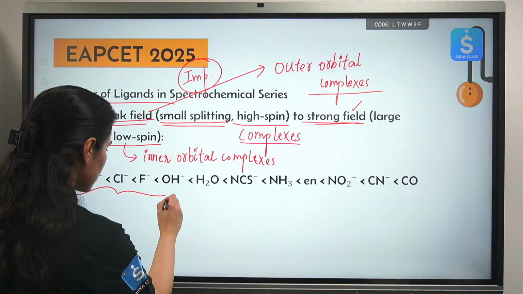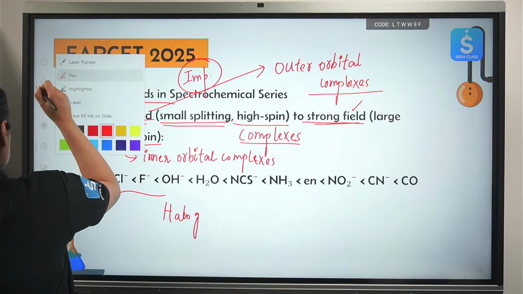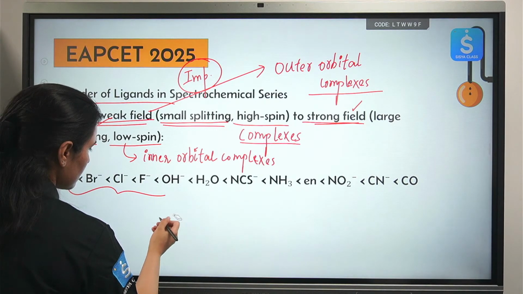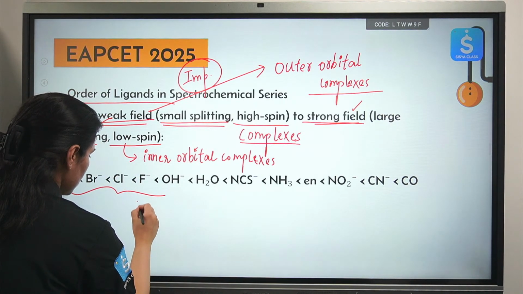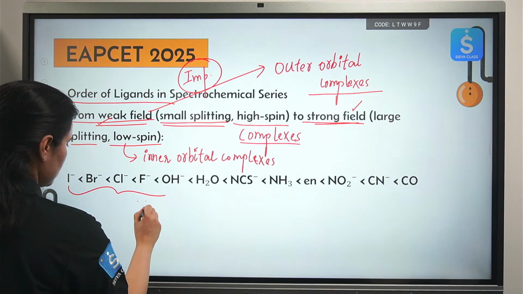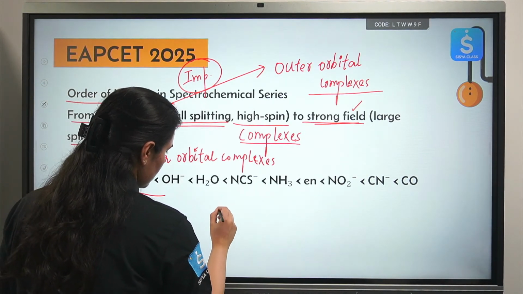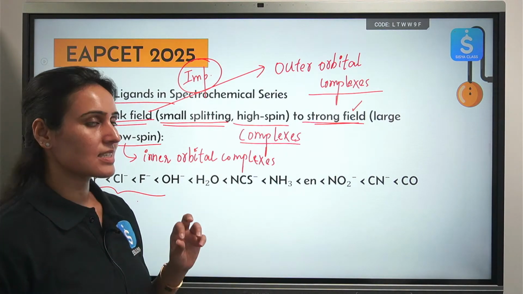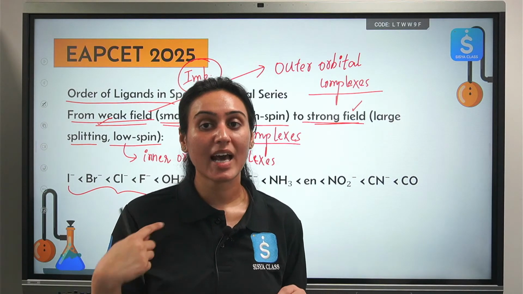After the halide donors we will have oxygen donors, then nitrogen donors, and finally carbon donors.